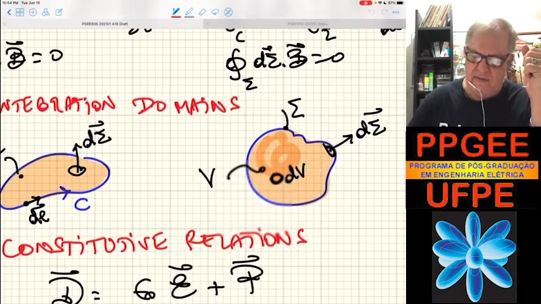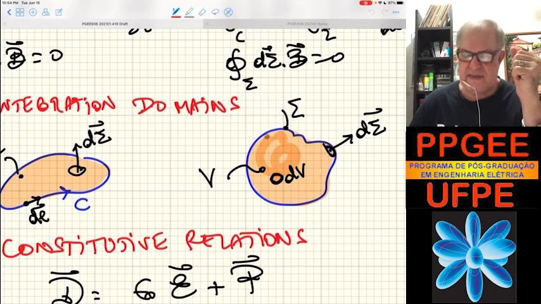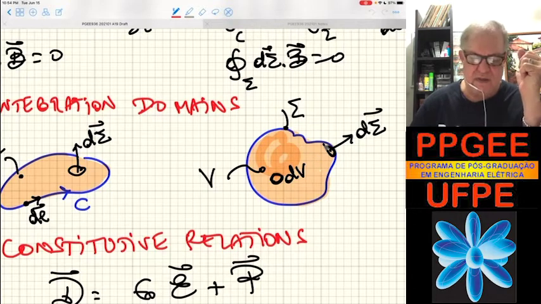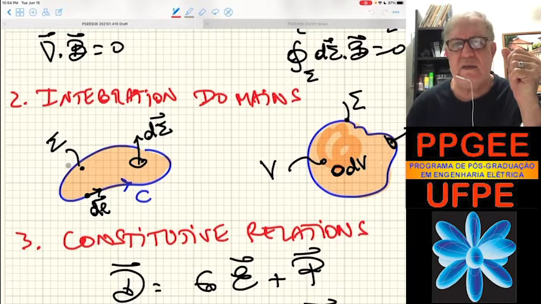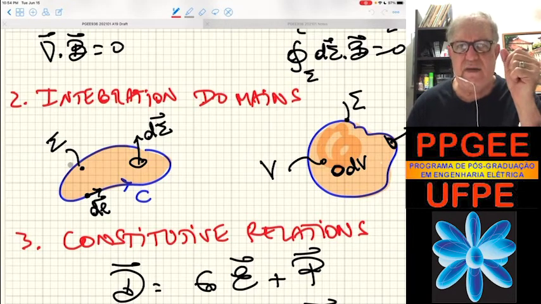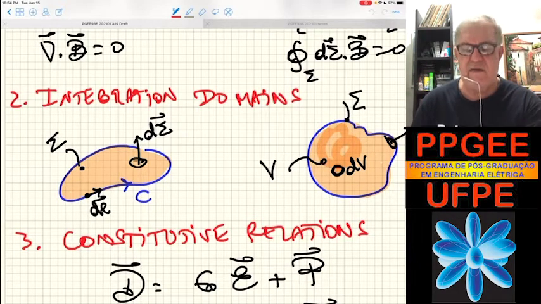That's just showing you the domains here, the geometric construction we must have. Sigma is the surface that encloses V, and the normal is always outwards. And for the line integral, C is a path that encloses the area. It doesn't have to be a plane area, it might be a curved area. It's the border of that curved area, or just a path that encloses the area.